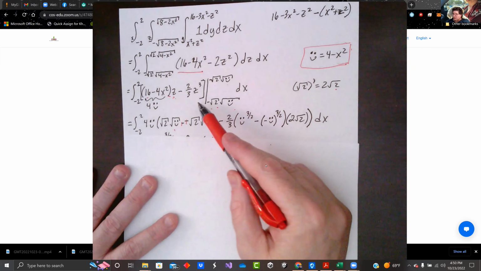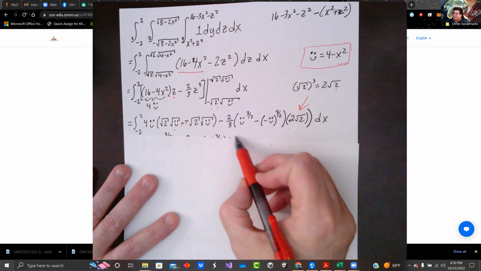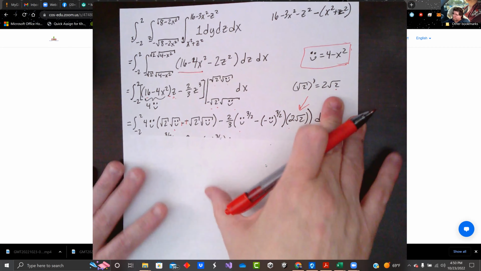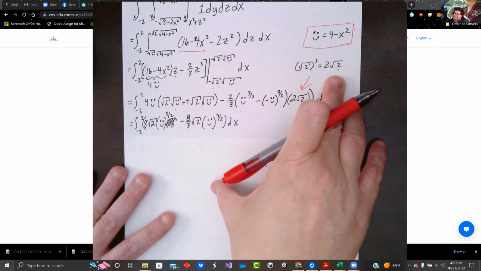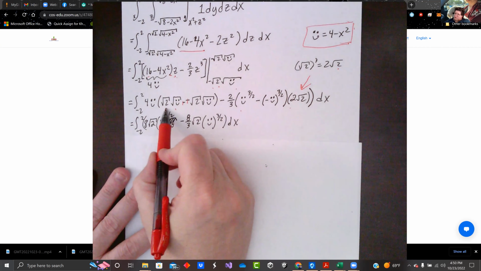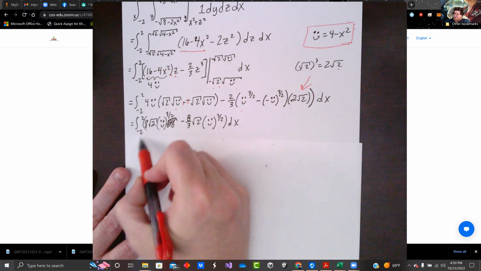When we do the 2/3 one, I put this at the end because it's the square root of 2 cubed. We've got smiley face to the 3 halves minus negative smiley face to the 3 halves. This gave us 2 root 2 smiley faces. So 2 root 2 times 4 is 8 root 2.